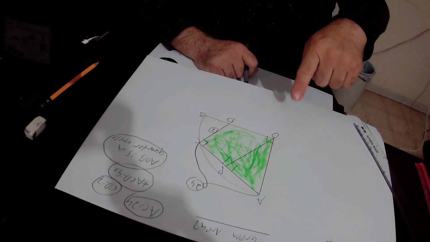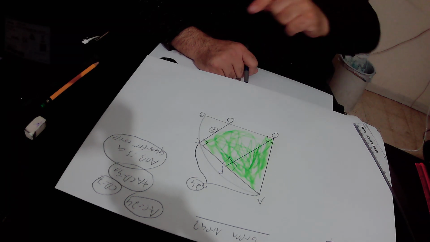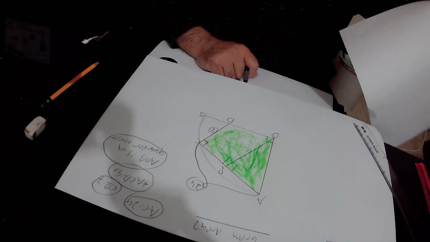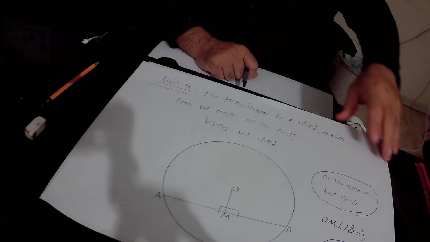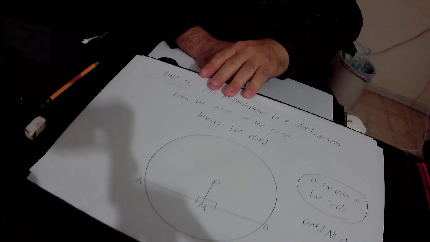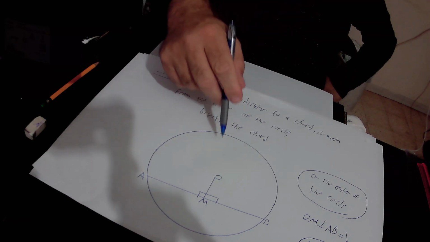So from the center of the circle, that is to say from point O, we draw a perpendicular on chord AC. Here we have rule number 11. According to rule number 11, the perpendicular to a chord drawn from the center of the circle bisects the chord. Point O is the center of the circle.